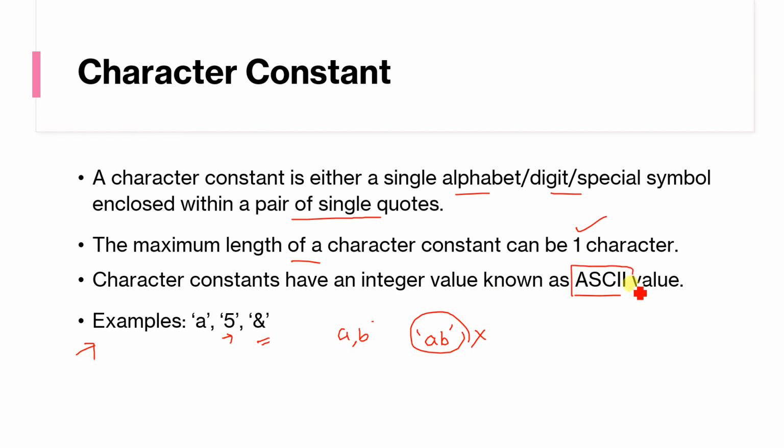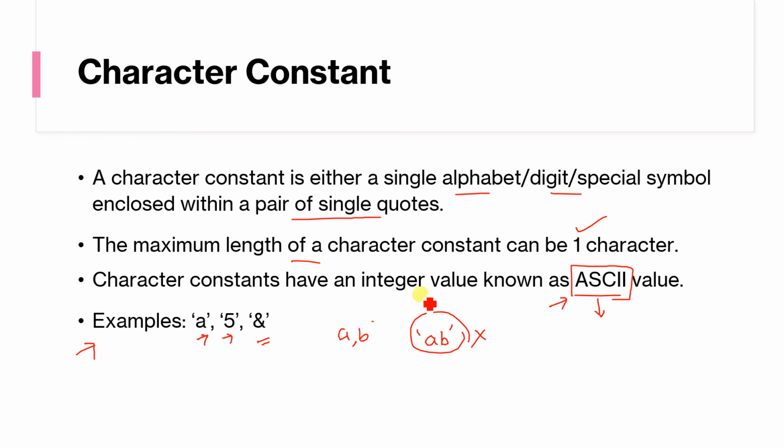ASCII means American Standard Code for Information Interchange. This is a representation style: whenever any character is represented inside the memory, it follows some standard, and that standard is called ASCII. So ASCII is a character representation standard, or we can say a code for representing characters. ASCII represents each character by a number.